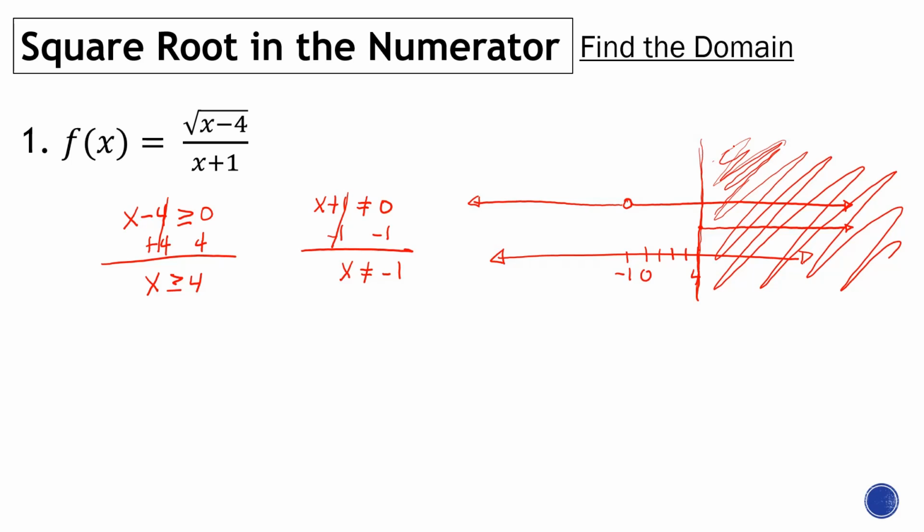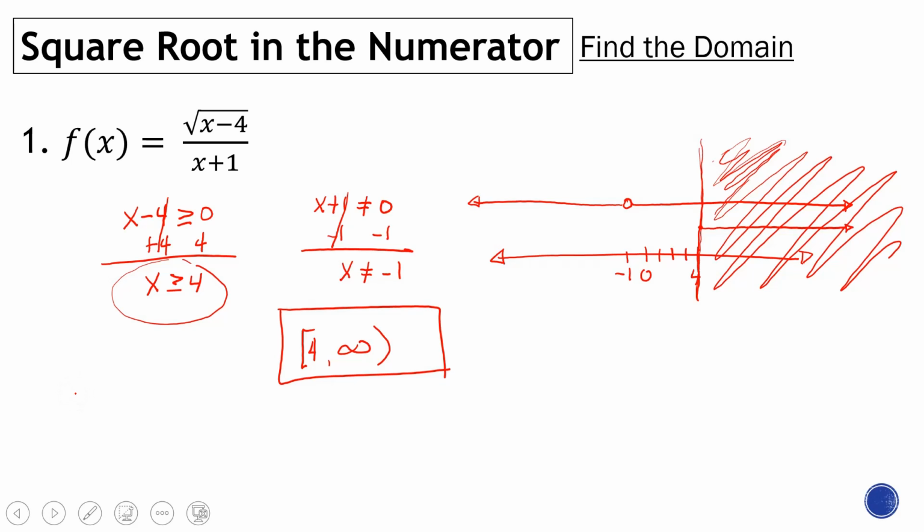Which means that the domain of this function will be this. Then let's convert that into interval notation. Since that is a greater than symbol, we start with 4 and use the bracket symbol, which means inclusive. We include 4 as part of the domain up to positive infinity. Okay, that's for number 1. Let's go to number 2.